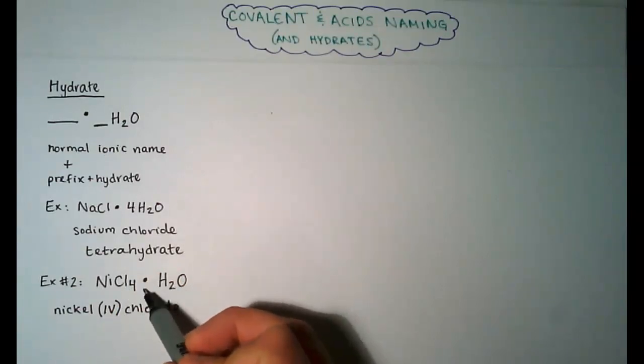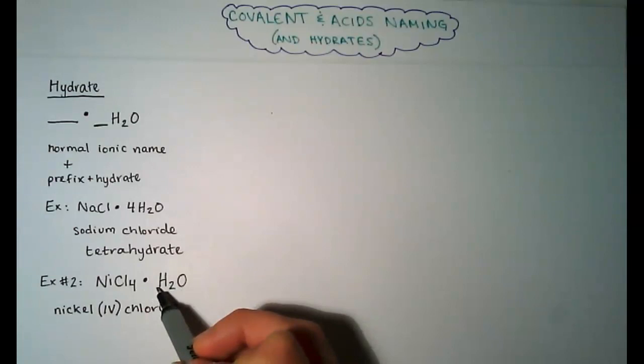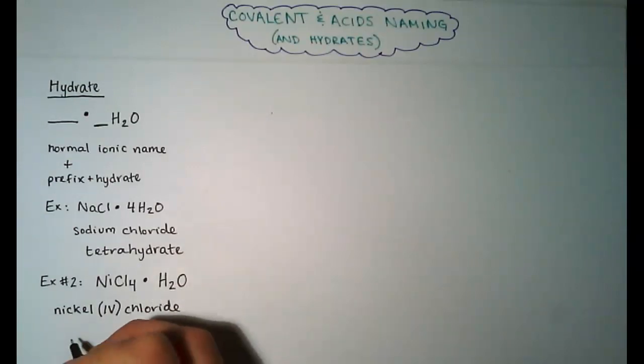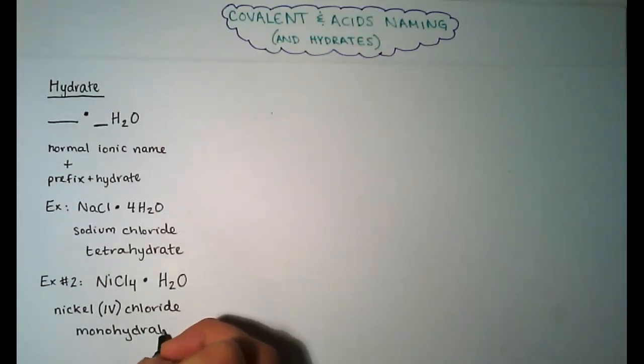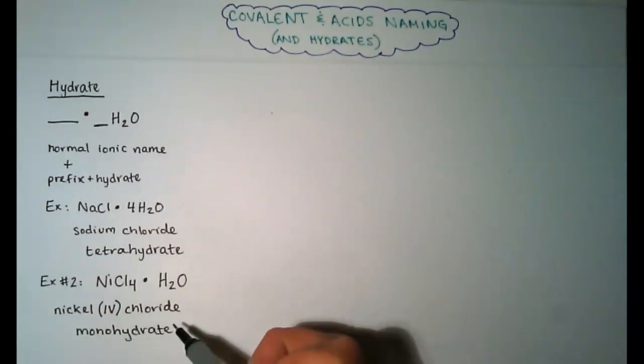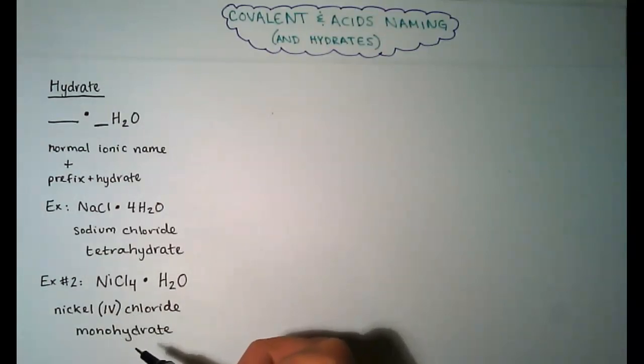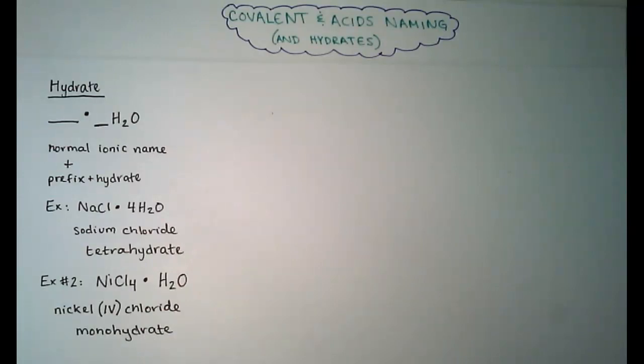And since there's no number here, I know that it's just one water molecule, and my prefix for 1 is monohydrate. So this is nickel(IV) chloride monohydrate. So the names are kind of a mouthful, but it's really not that difficult to name hydrates if you know how to name ionic compounds.